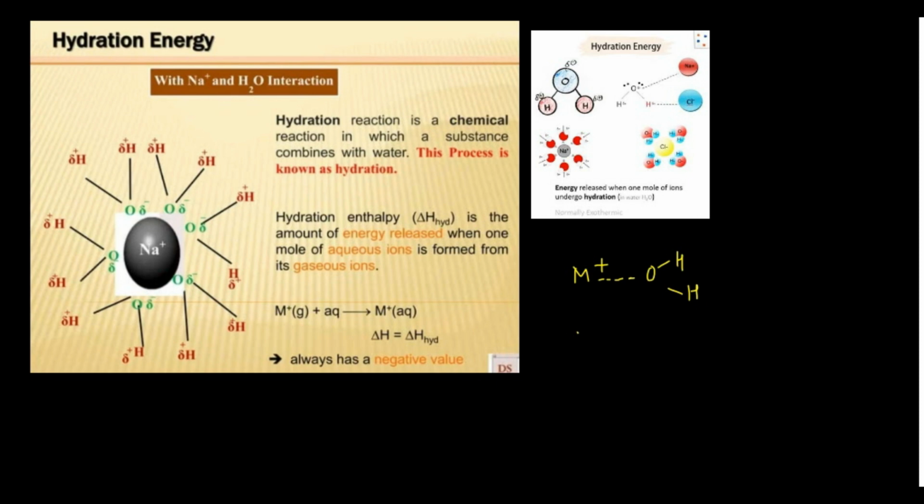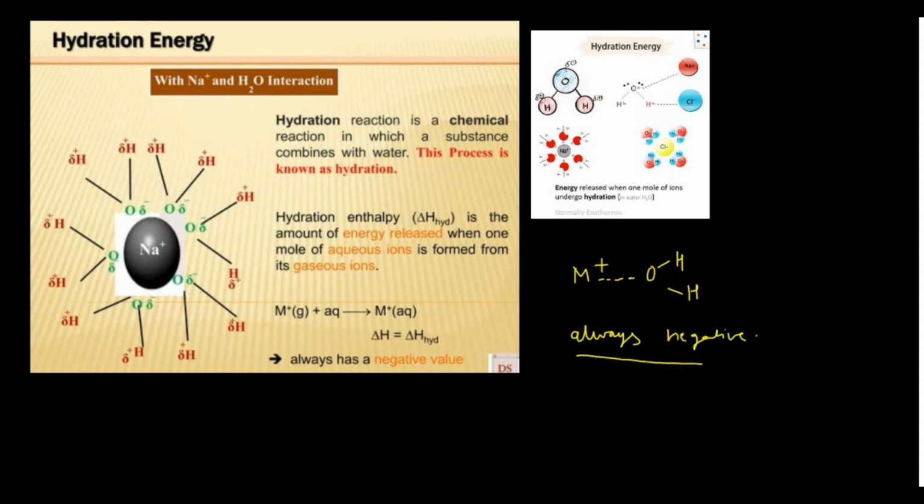That's why I gave the statement that it is the heat energy released when new bonds are made between the ions and the water molecules. Please remember this, very important. And because energy is released from the system, this hydration enthalpy is always negative. Please remember, it is always negative.